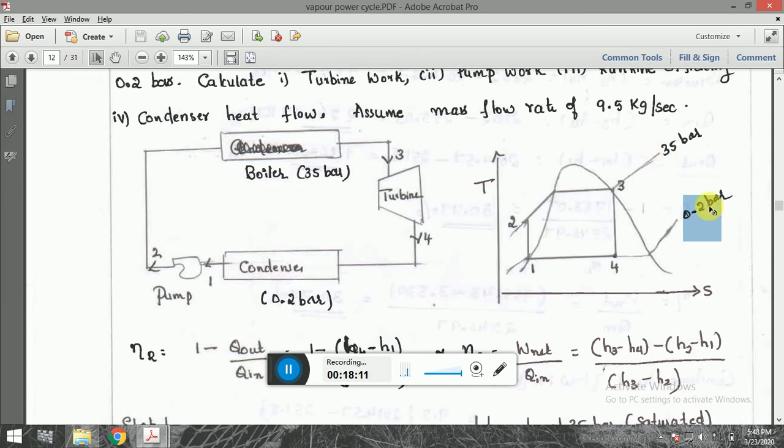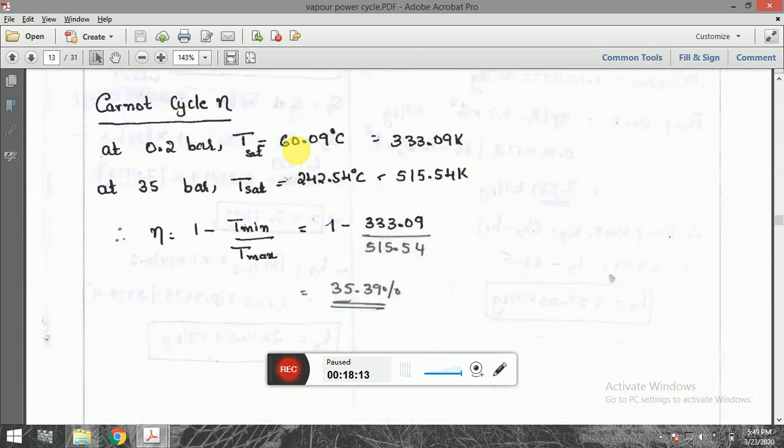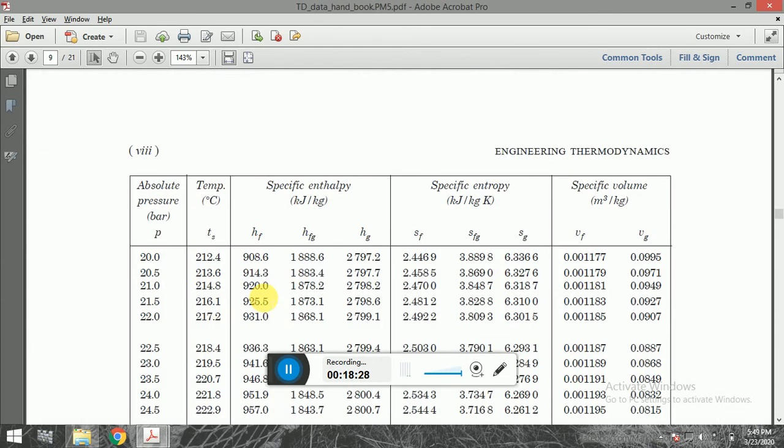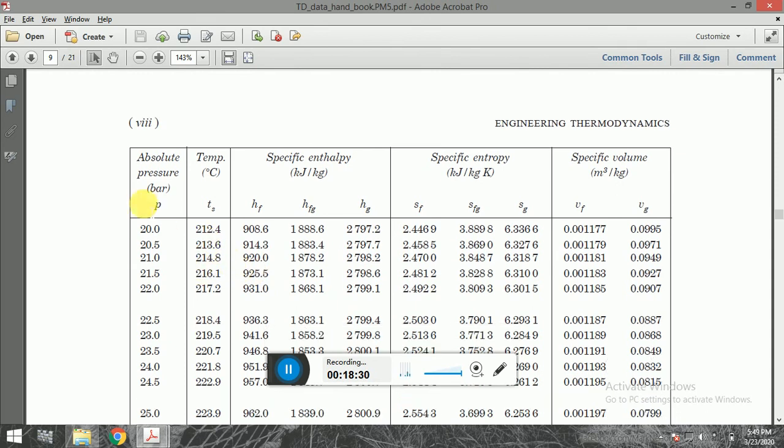So how to find it? You can look here at 35 bar, where we can find the saturated temperature of steam. In a pressure-based chart, there is the absolute pressure and there is the saturated temperature.